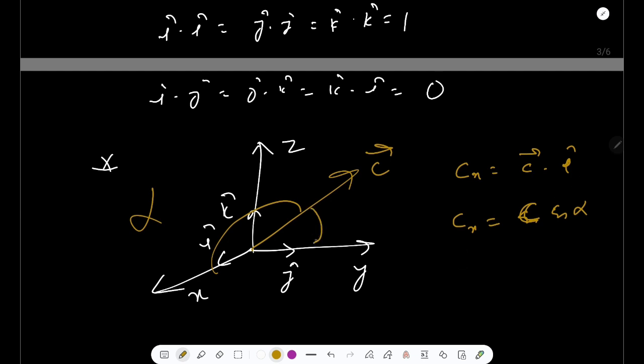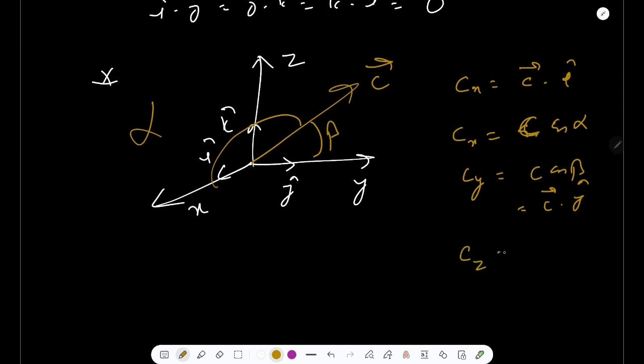If the vector C makes an angle beta with the y-axis, the y component of vector C is going to be C cos beta, and C cos beta is vector C dot unit vector j, and Cz in a similar manner can be the dot product of vector C multiplied by unit vector k, like this.